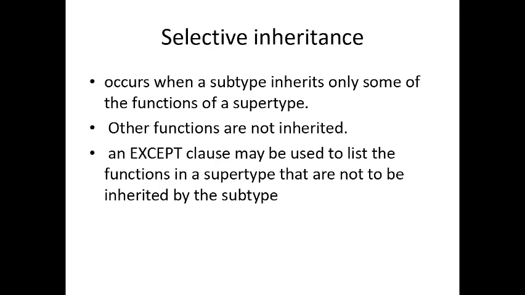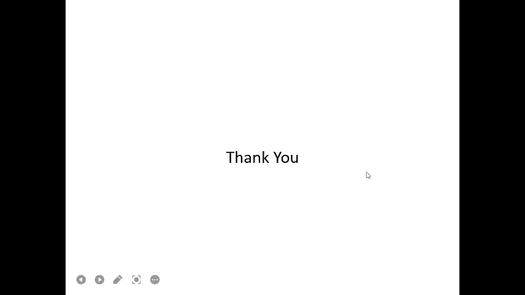For example, an except clause may be used to list the functions in a supertype that are not to be inherited by the subtype. The mechanism of selective inheritance is not typically provided in ODBs, but it is used more frequently in artificial intelligence applications. So that is about object-oriented databases and inheritance.